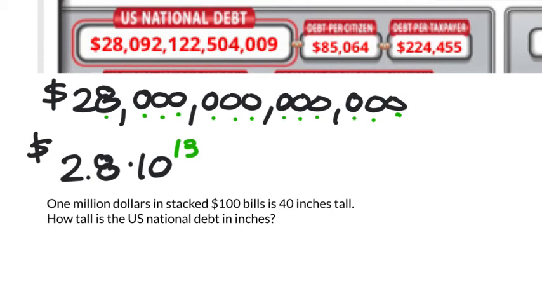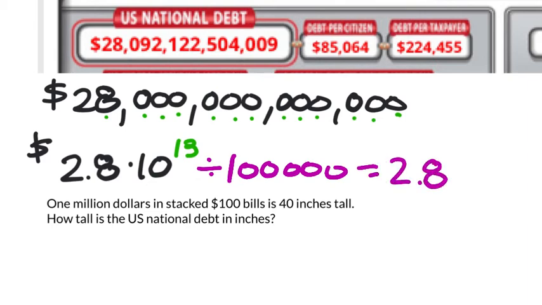And so I'm going to take that and divide it by 1 million. All right? So what do I get then? It'd be 2.8 in scientific notation anyway, times 10 to the power of 7. That's not inches, by the way. That's just millions.